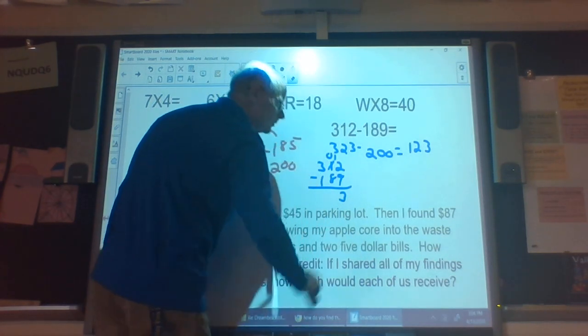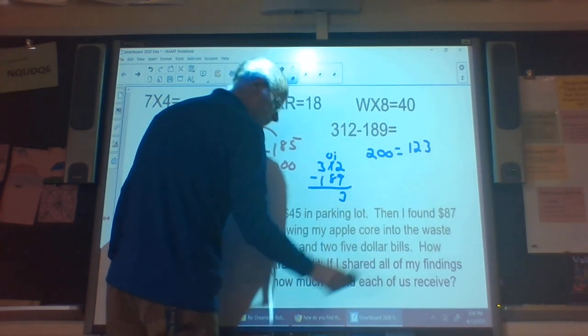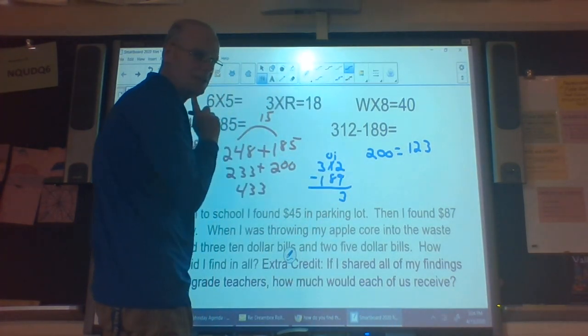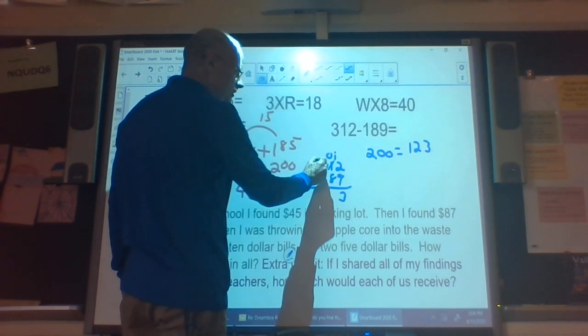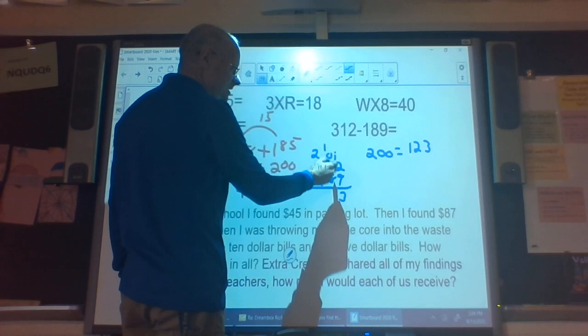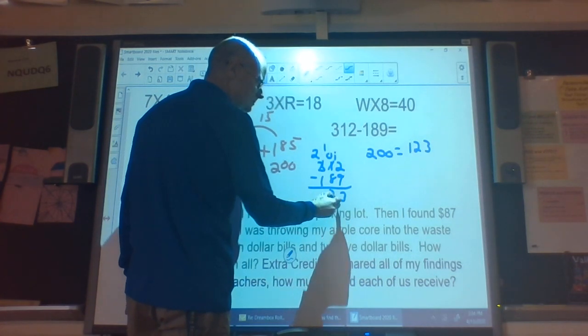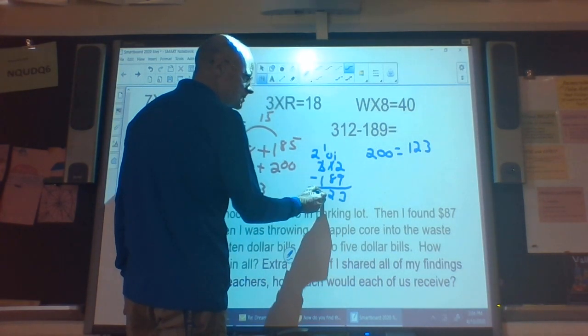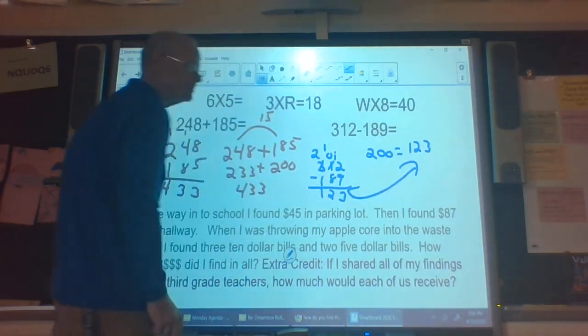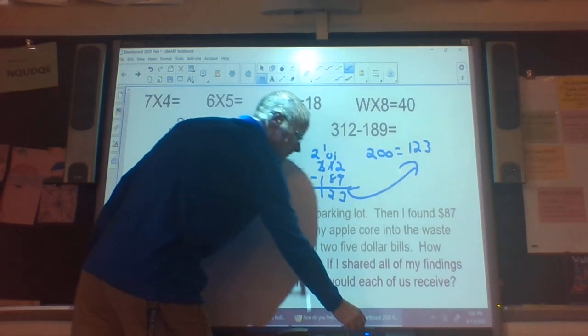I can erase this so it doesn't confuse you. Now I have 0 take away 8. Can't do that one. So I have to go next door, borrow some sugar, make that a 2, make this 10. 10 take away 8 is 2. And 2 take away 1 is 1. 123. Ended up with the same answer both times. Must have done it right.